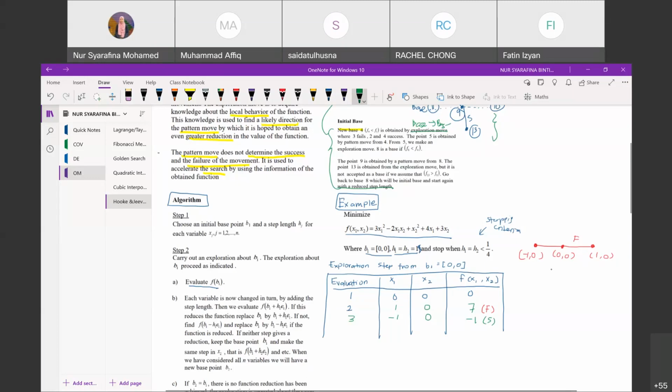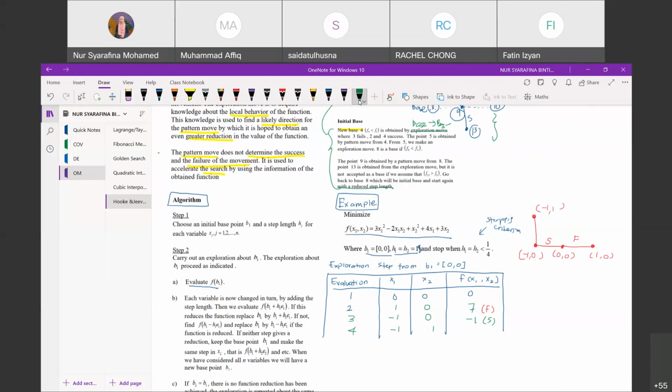The movement process is always like that: to the right, to the left, upside and downside. So upside, what should be your new point here? From minus 1, 0, step upside by 1, then it will become minus 1, 1. So your next evaluation is minus 1, 1, where the function equals 5.